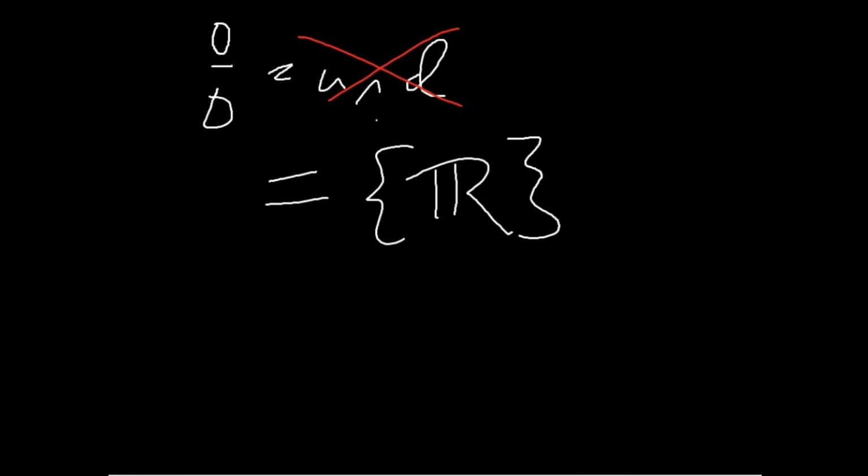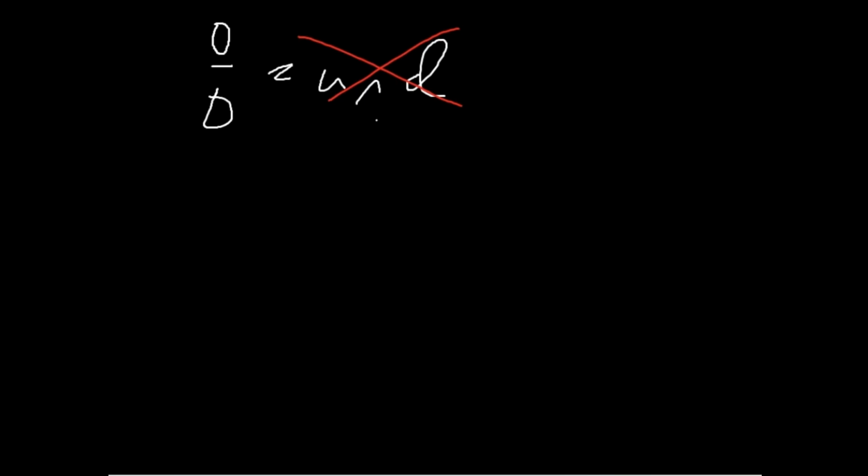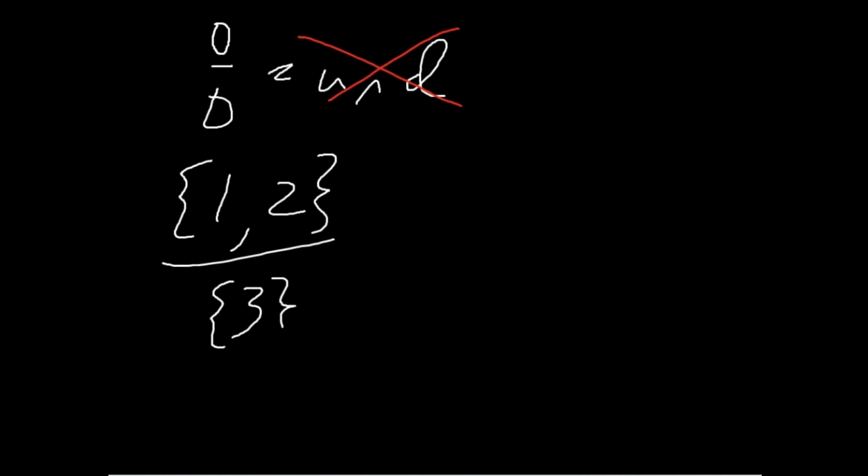And we can allow division to accept inputs that also have more than one element, right? So let's say we have {1, 2} divided by 3, say. Well, this is going to be just the set of all of the fractions you can form with this, right?